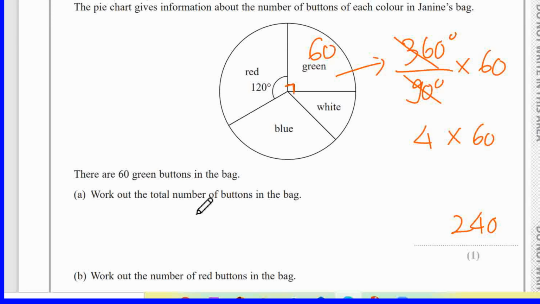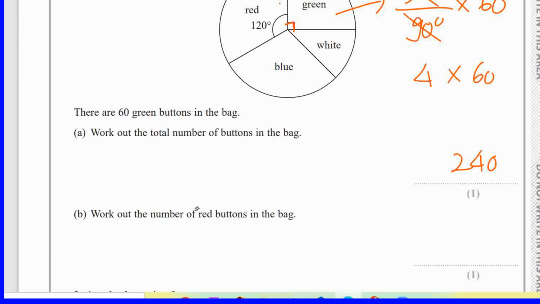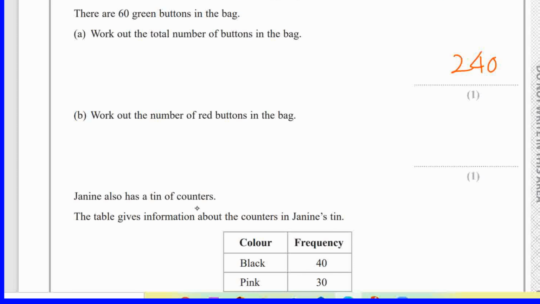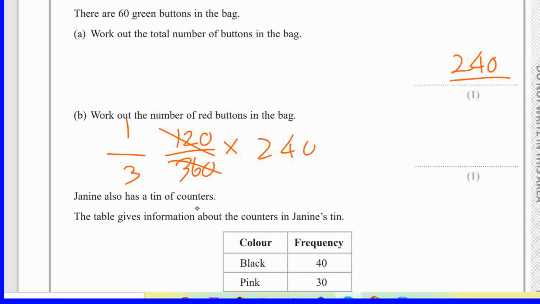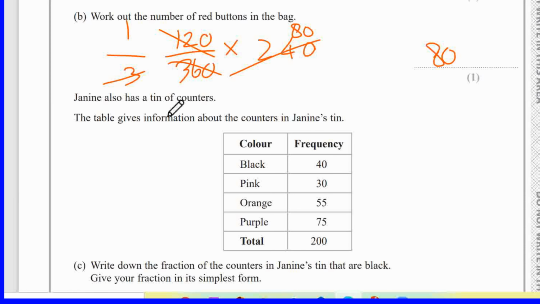The red is 120 degrees. 360 is the whole circle, times the buttons, 240. Because of this we got 1 over 3, and 3 and 240 we can cancel out into 80, so we have this as 80.